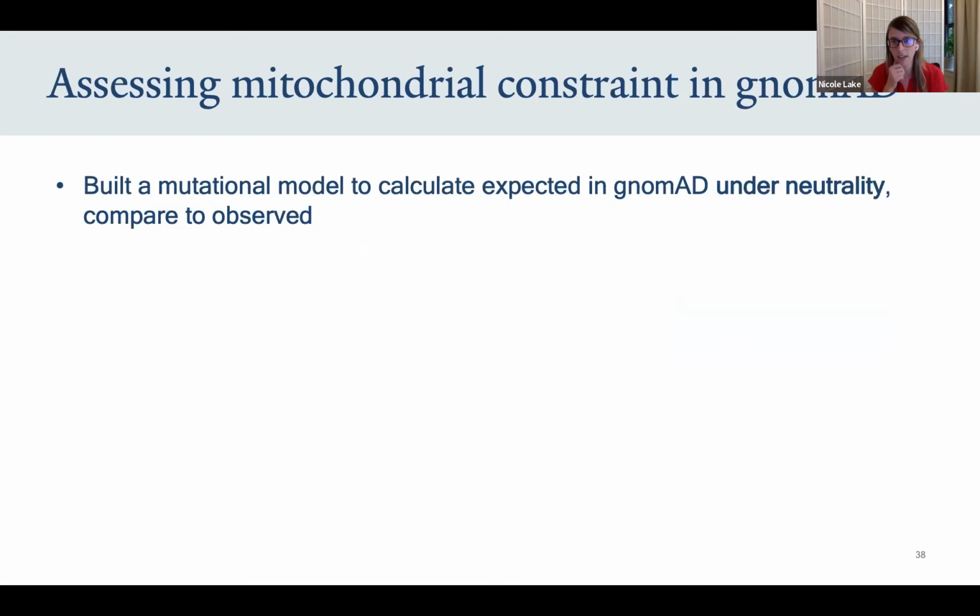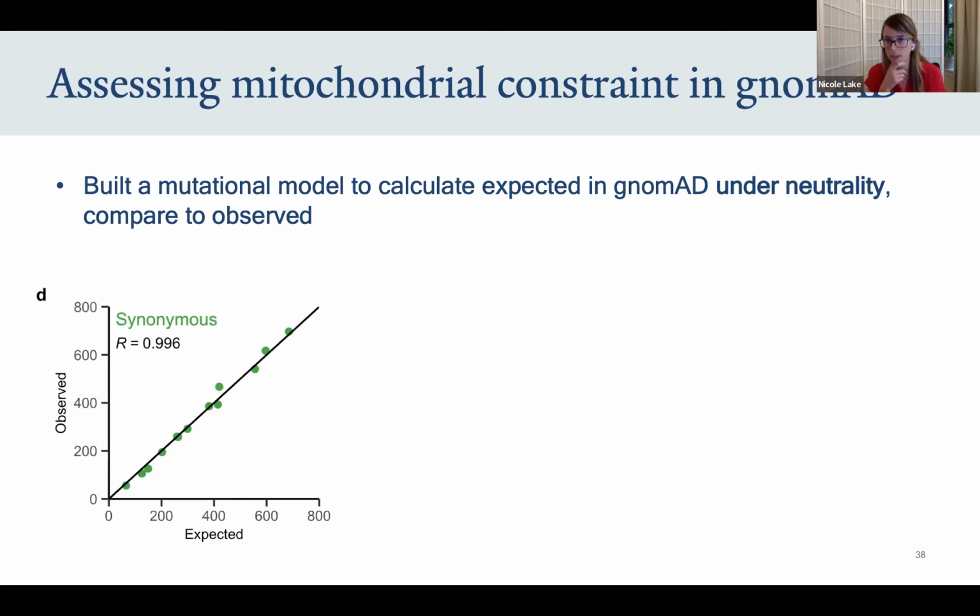So we went ahead and did that. To put a lot of work into one neat sentence, we built a mutational model that we could use to calculate the expected level of variation in a mitochondrial gene or region in gnomAD. And when I'm talking about calculating expectation, I'm talking about under neutrality, so under the assumption that there's no selection occurring. So we could do that and then compare it to the observed level.